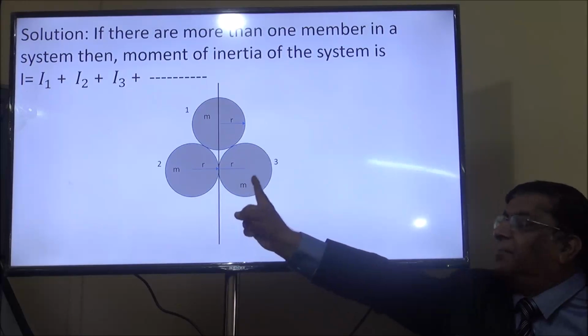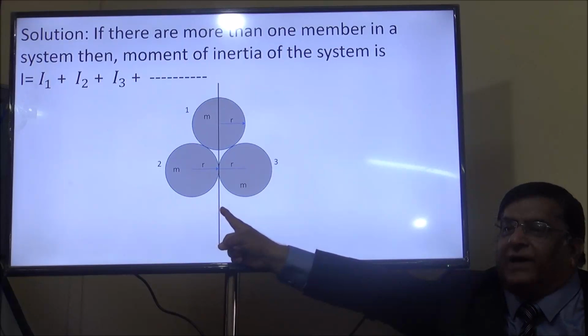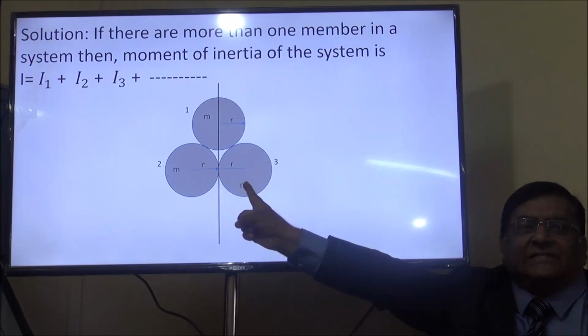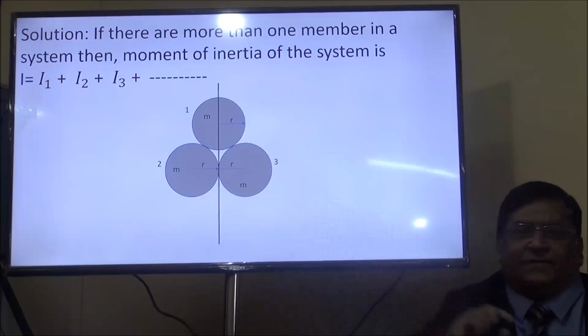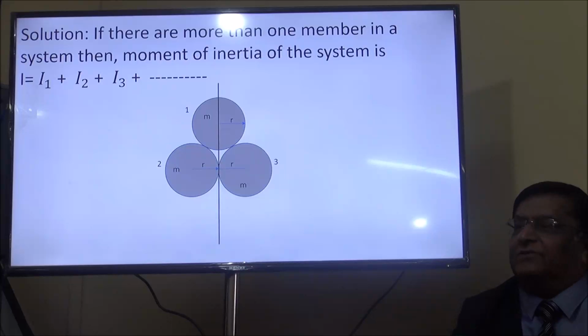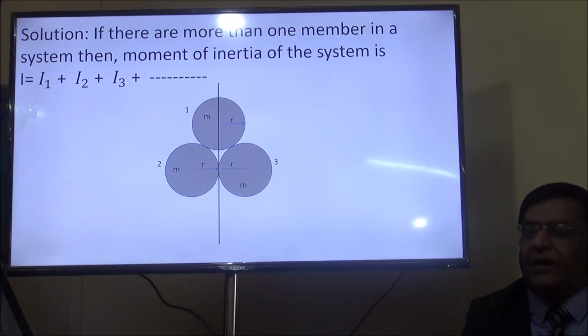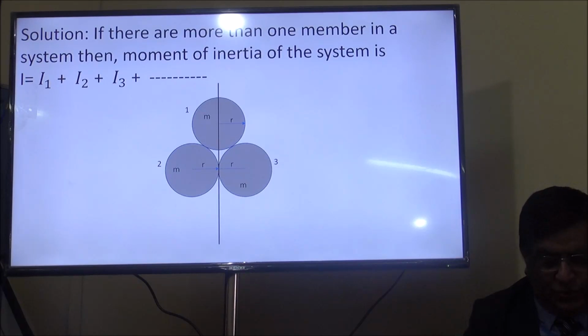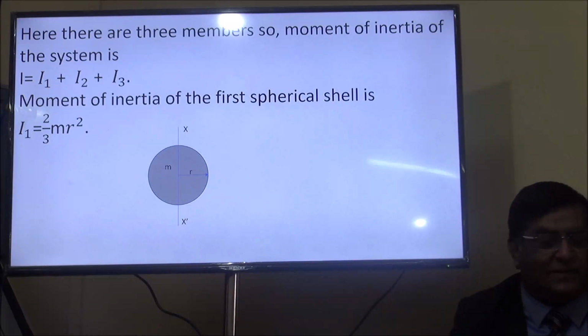So we will apply the parallel axis theorem to find the moment of inertia of this particular sphere. The same is the case for this sphere. Then once we know the moment of inertia of all the 3 spheres, there will be a simple scalar addition of all the 3. So we start finding it.